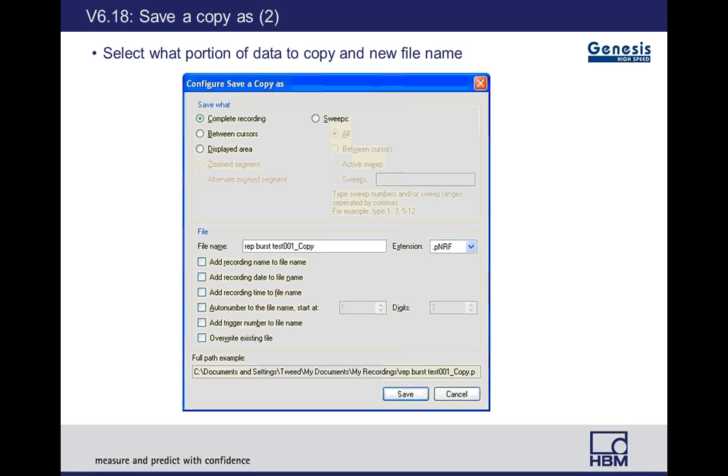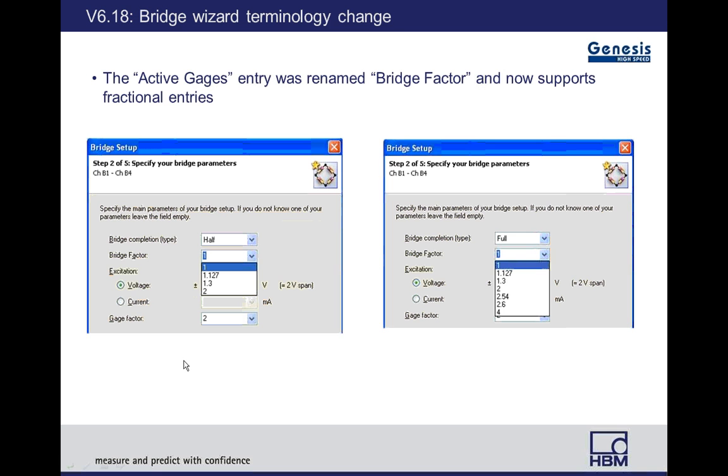You can do the complete recording, only an area between cursors, or whatever's displayed on the screen. Or you can do some specific sweeps. So if you're in sweep mode, maybe you only need triggers 1 through 3 and not 1 through 24. You could save a subset of the sweeps.